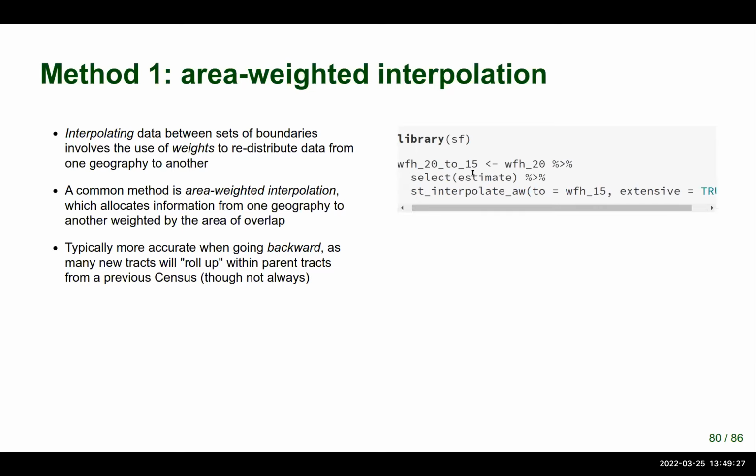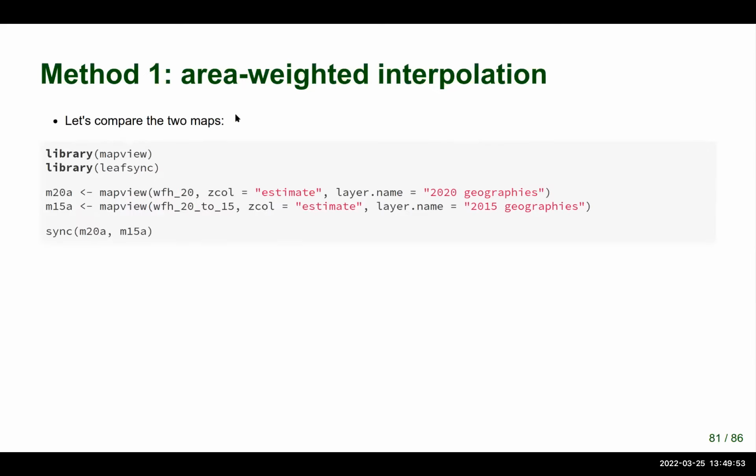What you want to do first is just select the column that you want, because it'll try to compute it over every column, and if you have non-numeric columns in there, the function will fail. So we're taking our work from home 2020 data and transferring it backwards to the 2010 geographies. And basically that creates a calculation where you can make comparisons.